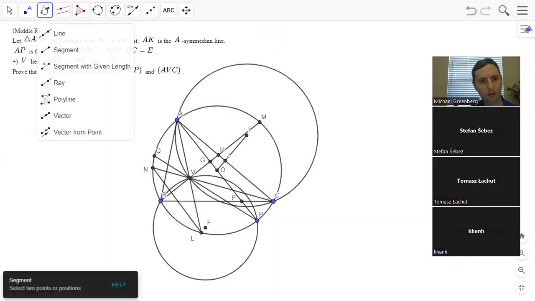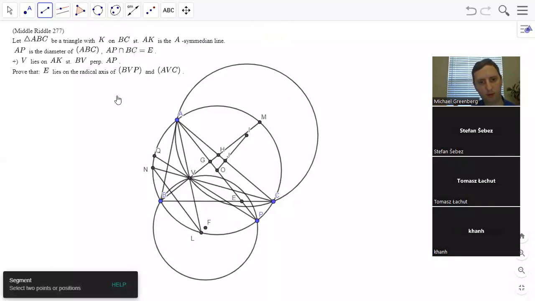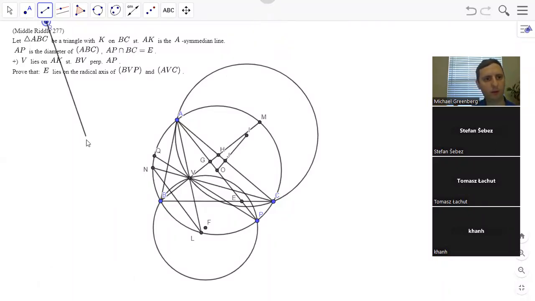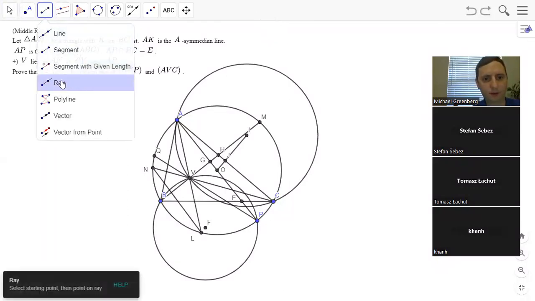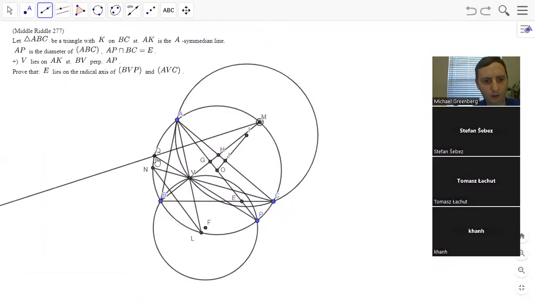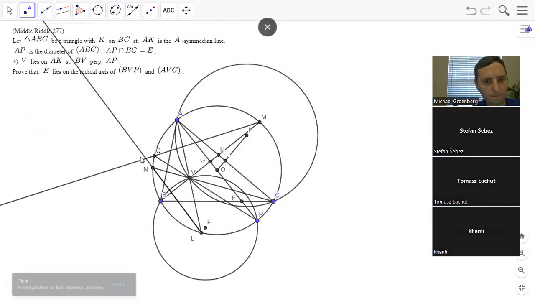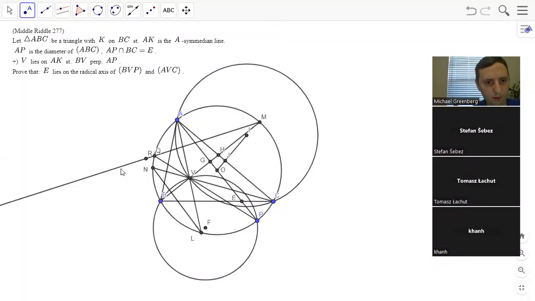So we're going to intersect MQ and NL. Sorry, I'm having a little bit of trouble with GeoGebra today. So MQ and NL, and let that point be R.